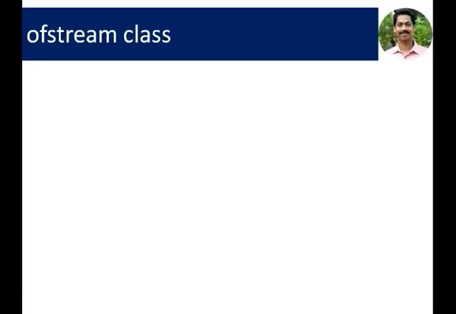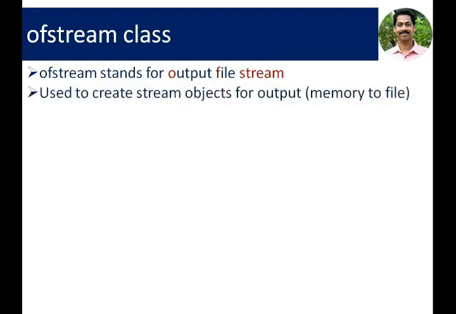Similarly, the OFStream class is used for output file streams. It creates objects for output files, that is memory to file. If we want to store data from memory into a file, we must use OFStream class objects.